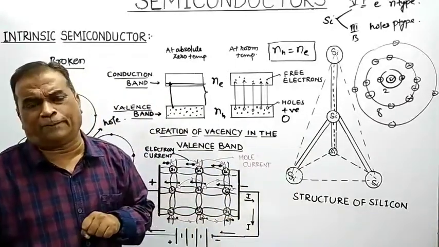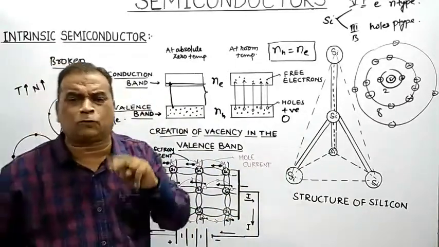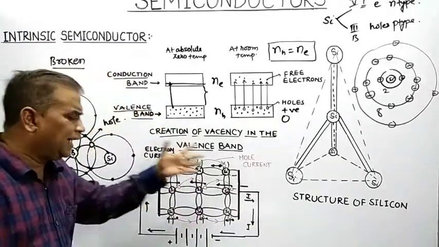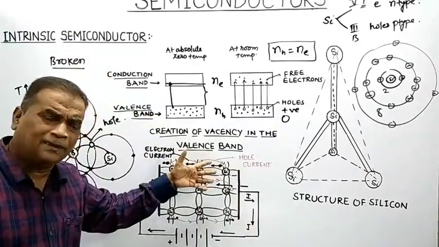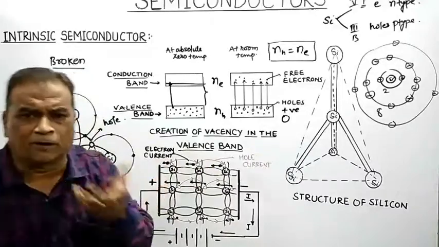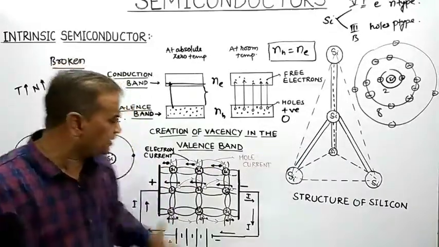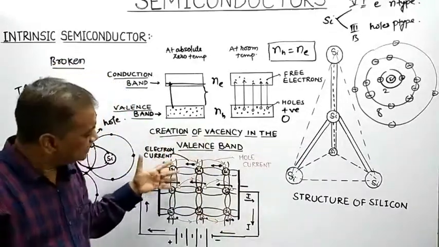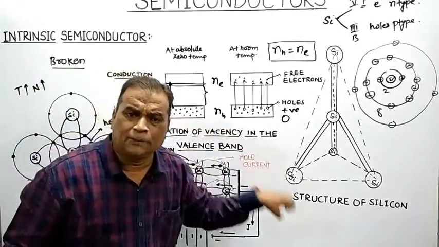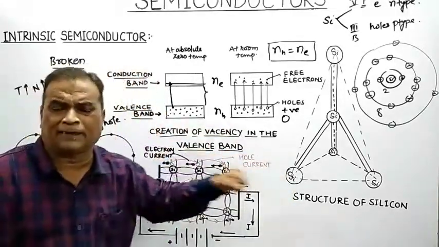The negative terminal of the battery. Means here we have two types of charge carriers. Electrons, which are negative charge carriers, participate in the production of electric current. Holes, which are positive charge carriers, also participate in the formation of electric current.